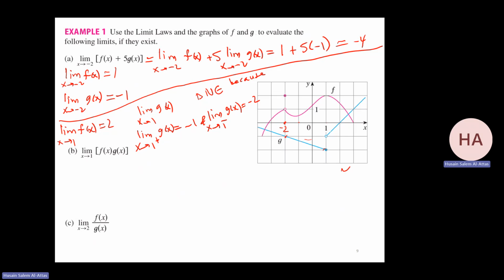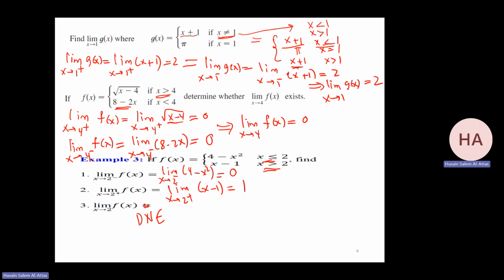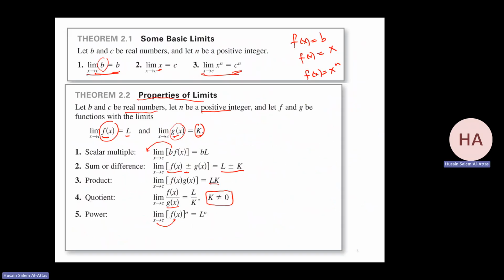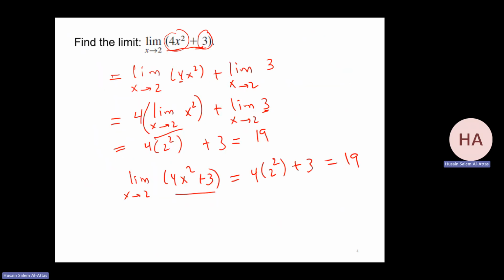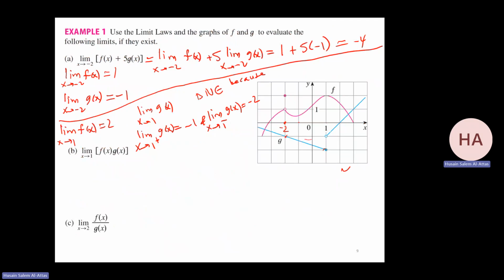Okay, now what will happen to the limit of the product? I cannot apply this theorem, because this theorem says if both limits exist, then we can distribute the limit: the limit of the sum is the sum of the limits, and the limit of the difference is the difference of the limits. But now one of them exists and the other one does not exist. So we need to check this from right and left.